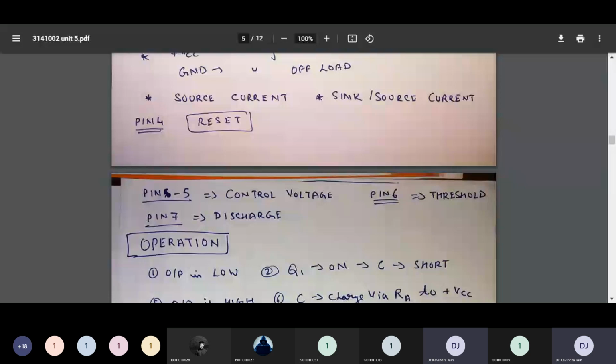Third step: applying a negative trigger pulse to pin number 2.